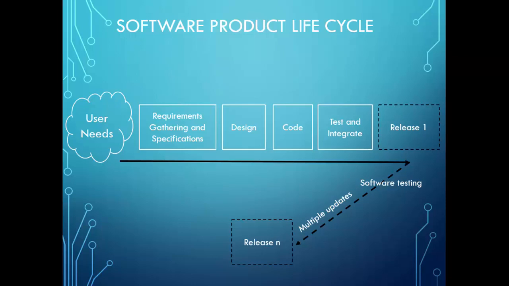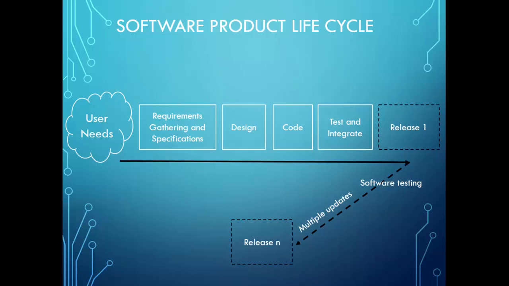This figure shows the software product life cycle, where it starts from user needs, capturing the requirements, and translating the requirements into product specifications, then designing the software, writing the code, testing and integrating the software.